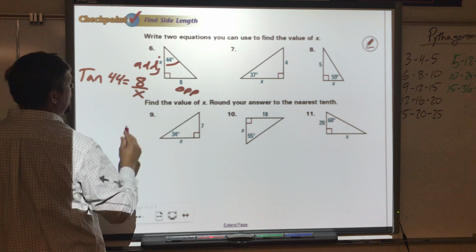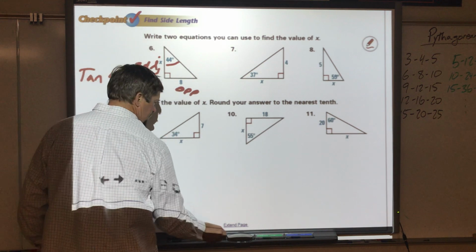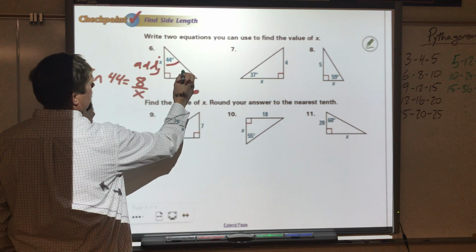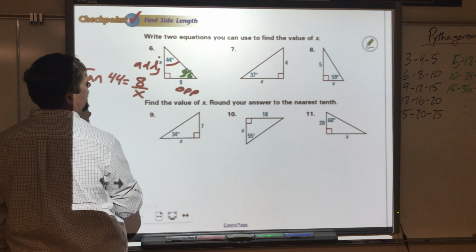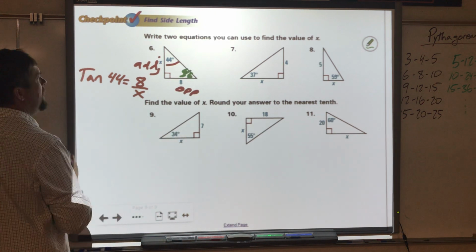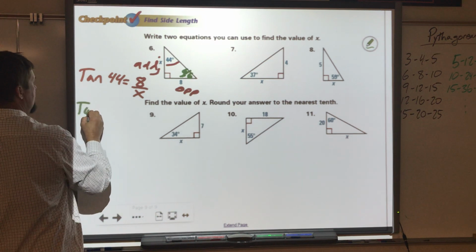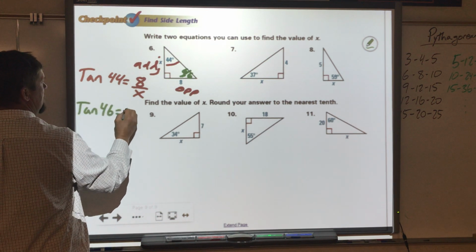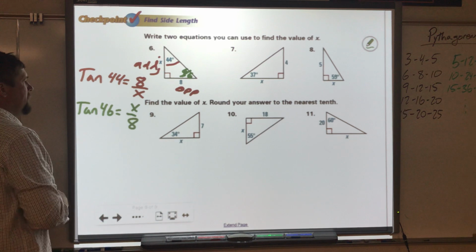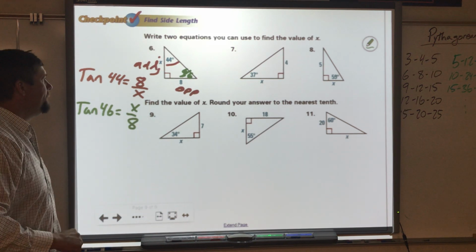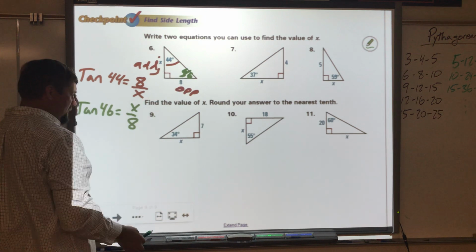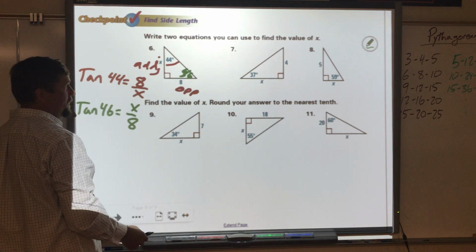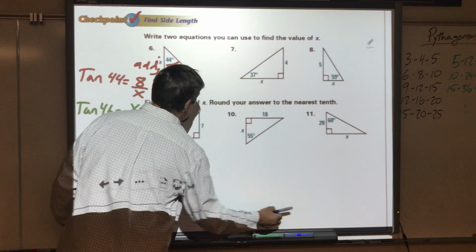Now what I could have done was I could have used this angle, which would have been 46, sorry about that, got to add right, 46, so I could have said the tangent of 46 equals x over 8. Because the x now is the opposite and the 8 is adjacent.